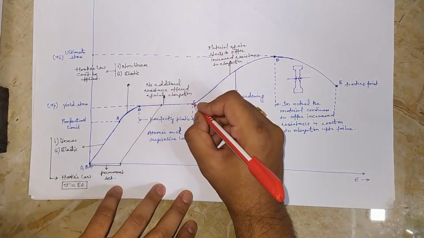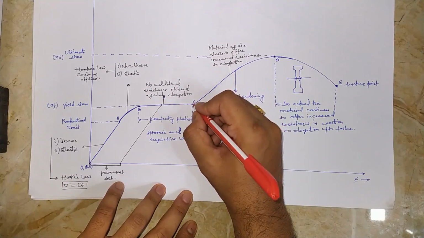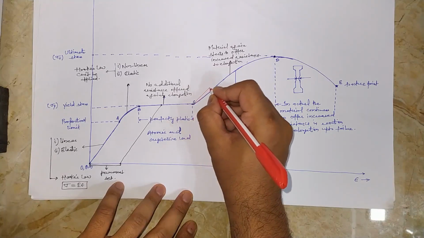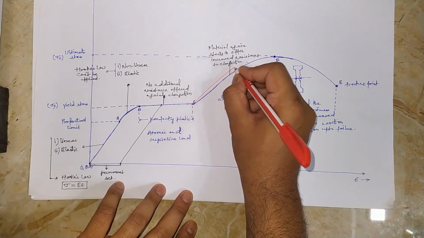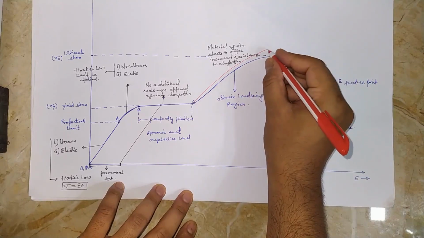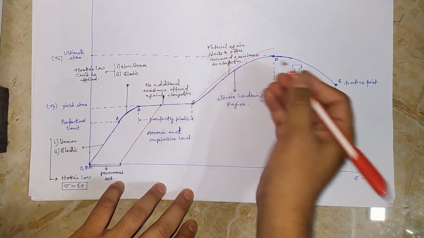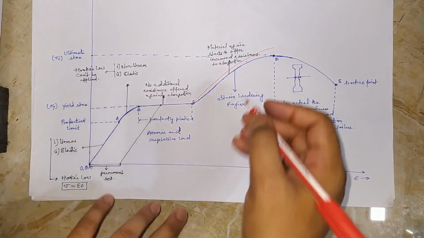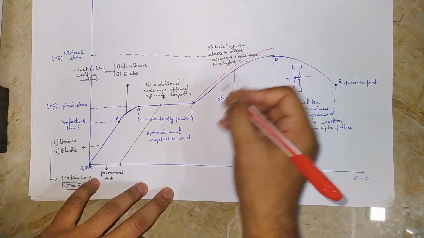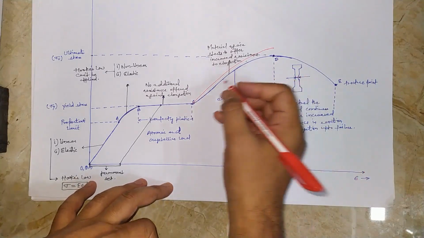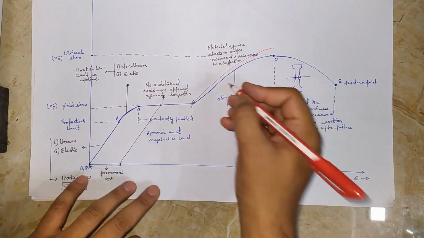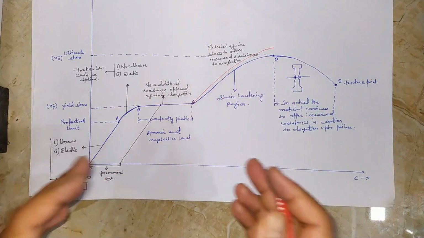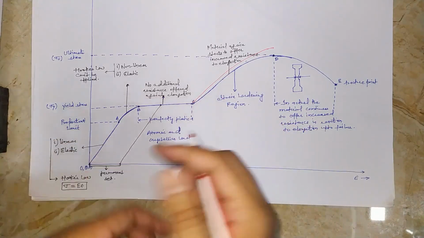Now from C onwards, a bit of dissociation between the true stress and nominal stress strain diagrams is noticed, because from C onwards the decrease in cross-section area is slightly considerable. In the true stress strain diagram we need to take the instantaneous cross-section area at each point of the specimen.